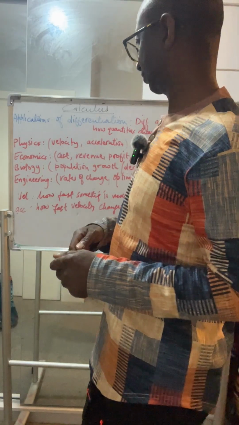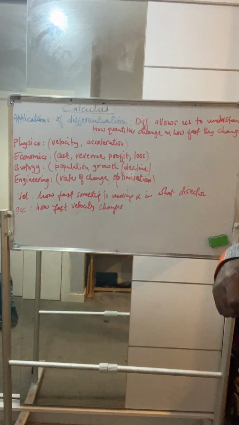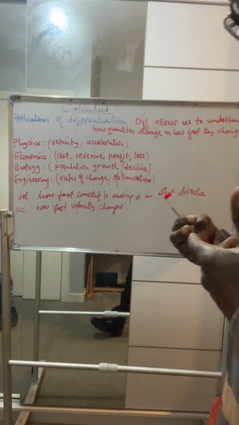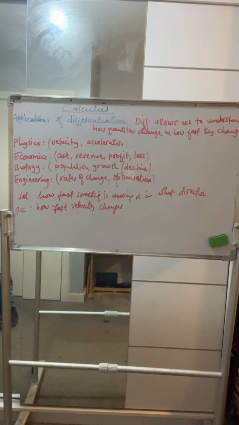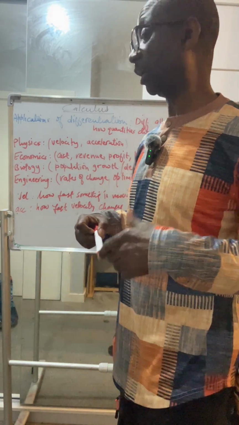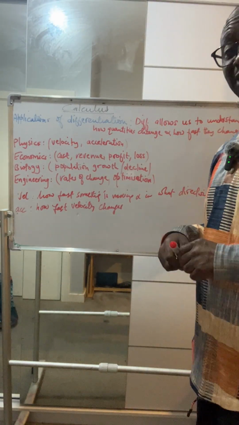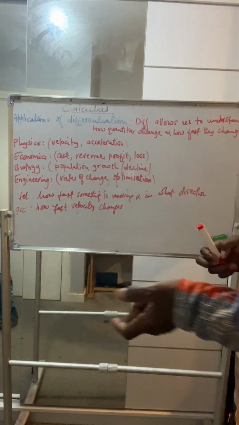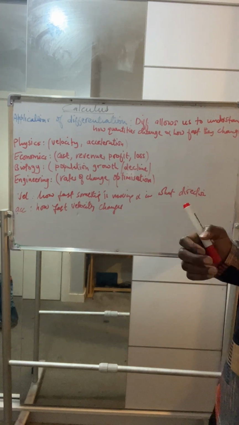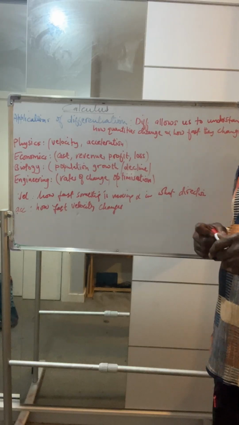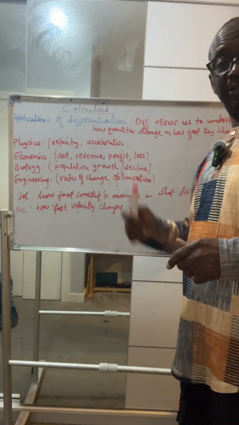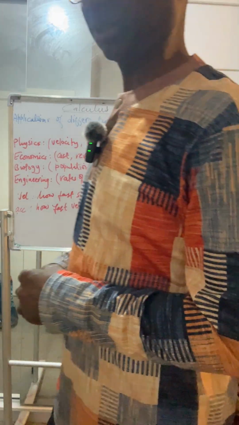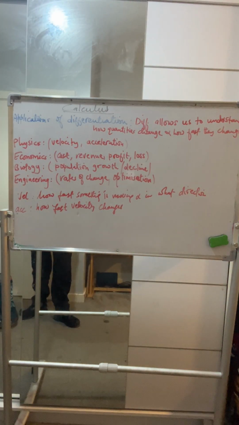In physics, mechanics, we study the motion of objects. When you study the motion of objects, you have to talk about speed, velocity, acceleration, and you can also talk about force. So in physics, we use calculus a lot, more in physics and maths.